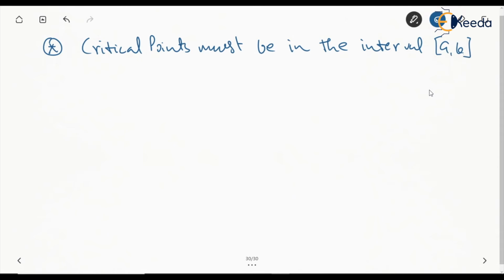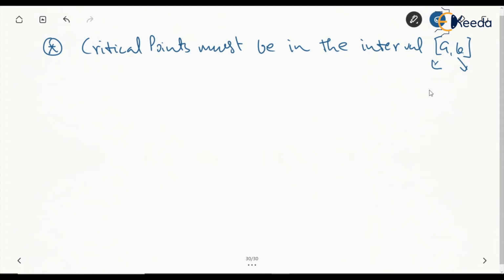If any of the point is out of the interval, we don't check the function value for that point. And of course endpoints are always there, that is f of a and f of b. So we'll check all these values, and the one which will have the maximum value will be the absolute maximum, and the one which will have the minimum value will be the absolute minimum value, right?